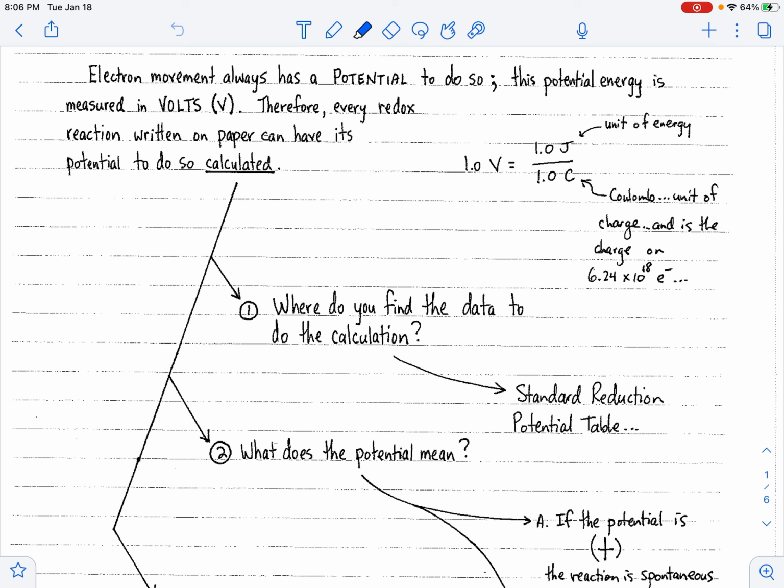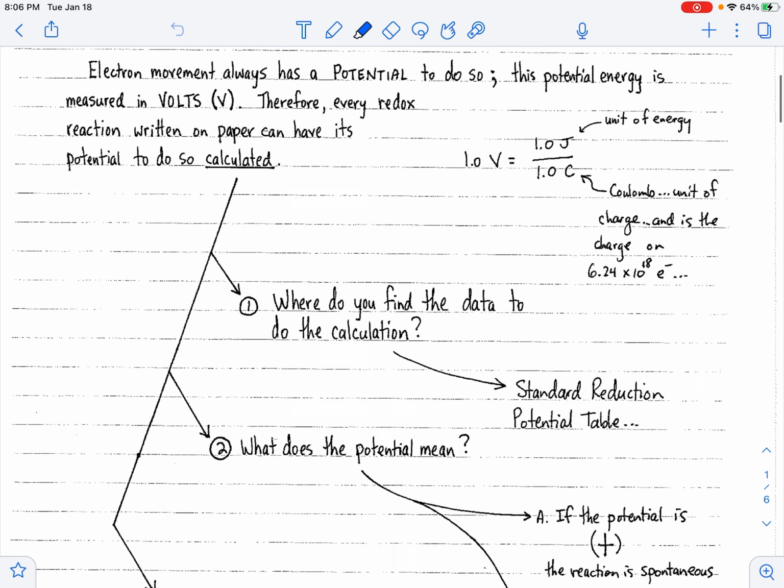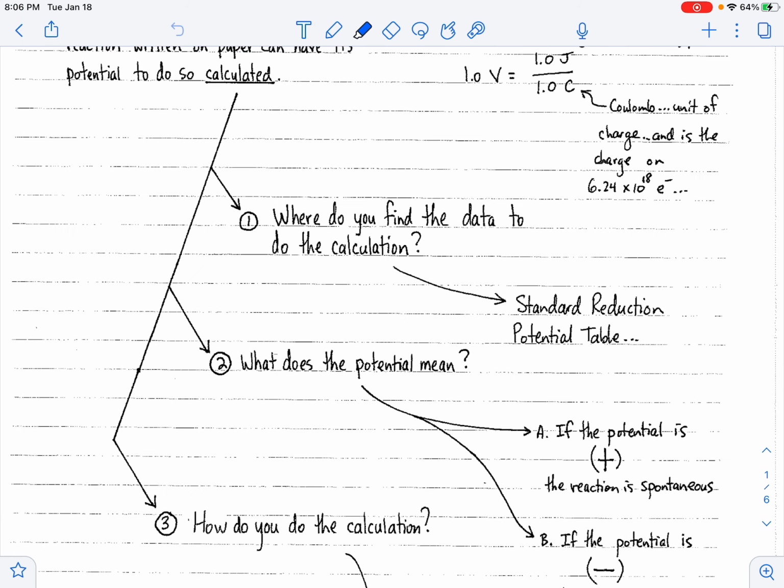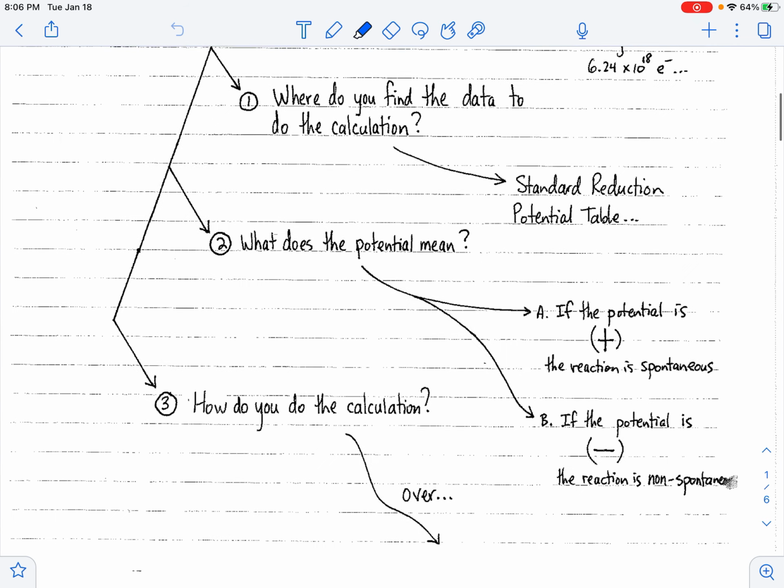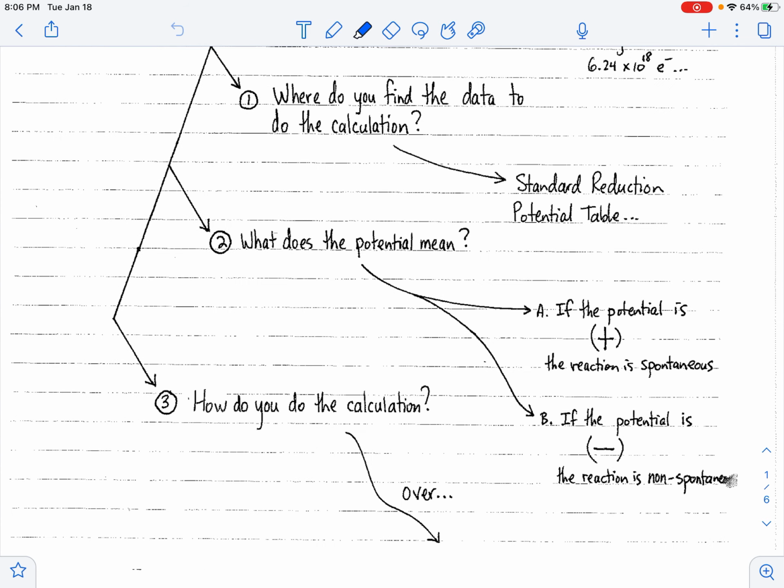So number one, where do you find the data to do the calculation? That's the table we just looked at. It's called the standard reduction potential table. Last page of your data booklet. What does the potential mean? And this is really critical for the conclusions you're going to draw. Once you do a calculation of a potential of a redox reaction, if the final answer comes out to being a positive value, you have positive volts, that means that redox reaction is going to be spontaneous under standard conditions.